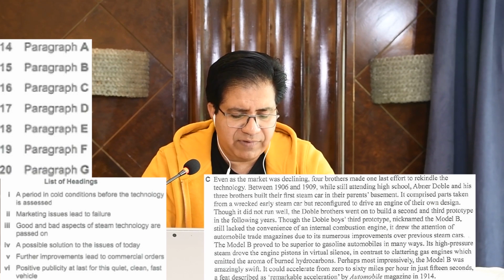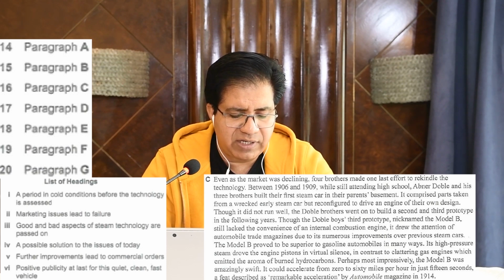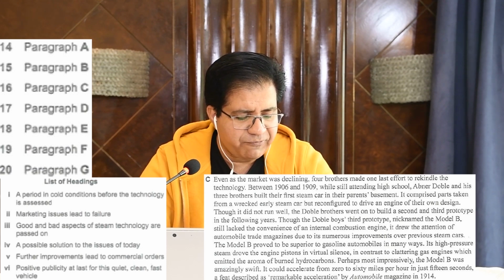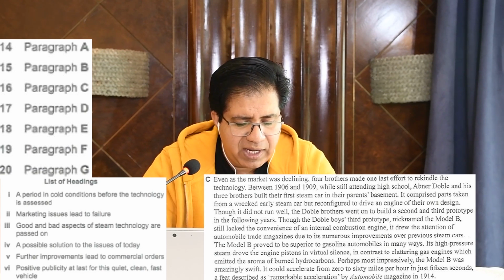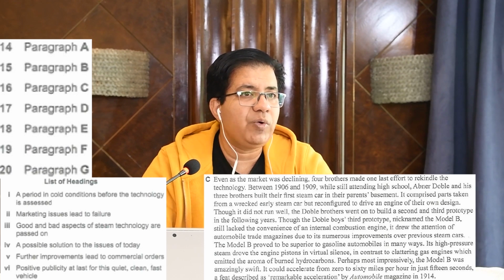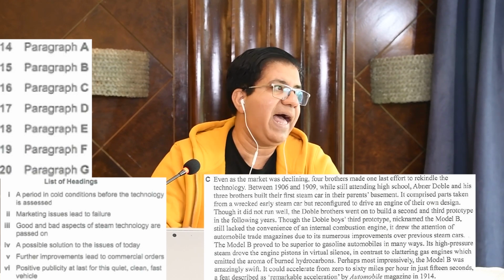Perhaps most impressively, Model B was amazingly swift. Now silence, swift, it could accelerate from 0 to 60 miles per hour in just 15 seconds, a feat described as remarkable acceleration by Automobile magazine.